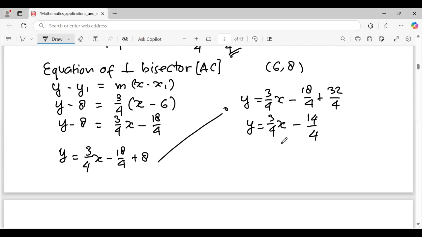Okay, so this is the equation of the perpendicular bisector AC.